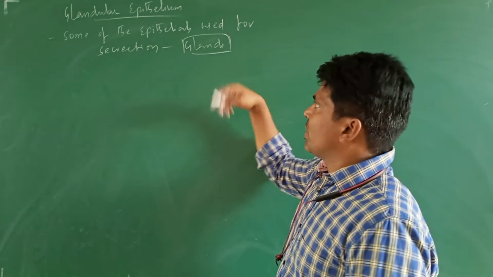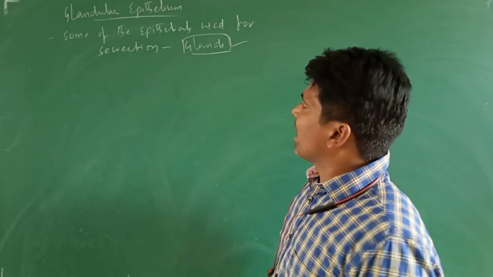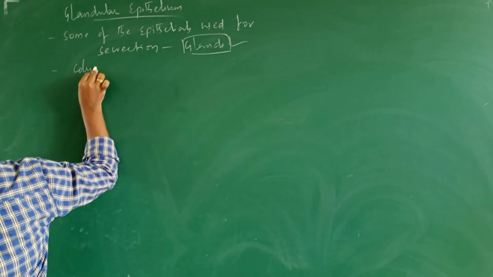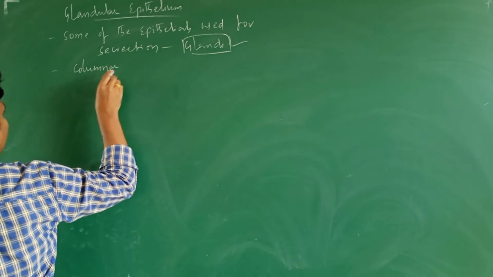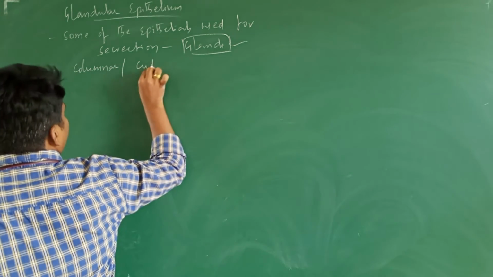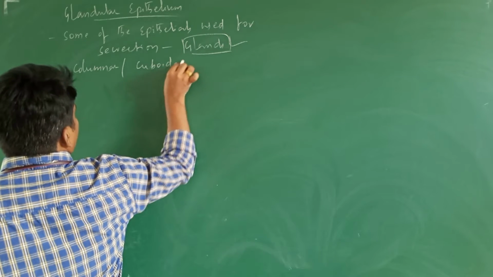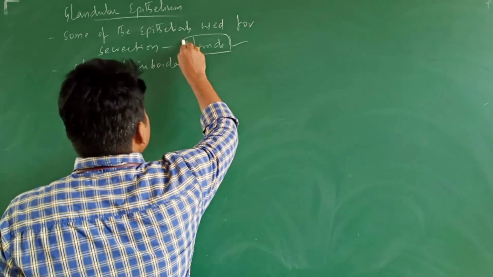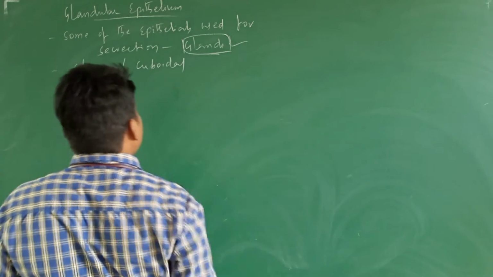Those cells we call glands. These glands are formed by either columnar or cuboidal epithelial cells. Clear? And these glands are also called glandular epithelium.